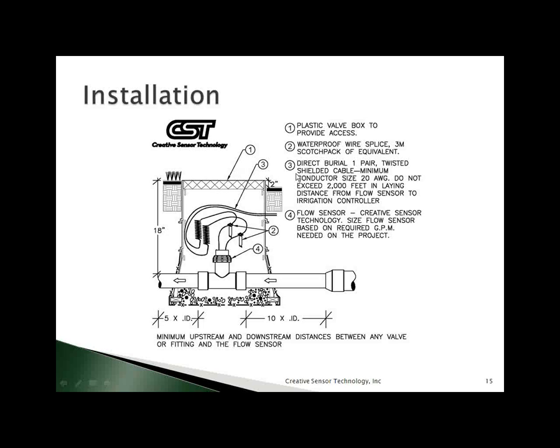You'll also see that we've got a couple of wires here that bring the signal from the flow sensor back to the controller. They should be thoroughly waterproofed when they're spliced together, and we've got a spec in here for a twisted shielded cable to run from the flow sensor back to the controller. This protects the signal integrity, and it keeps it from picking up interference from other electrical apparatus that might be wired in the same trench or in the same location.